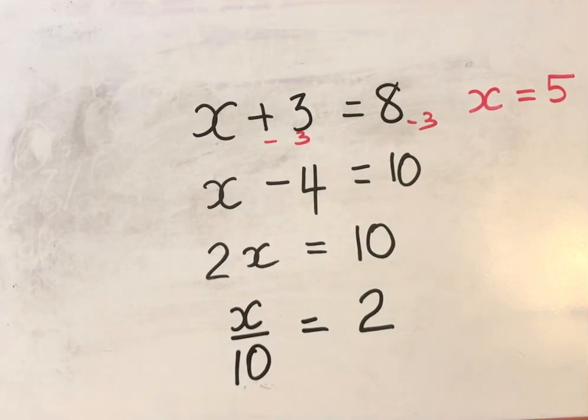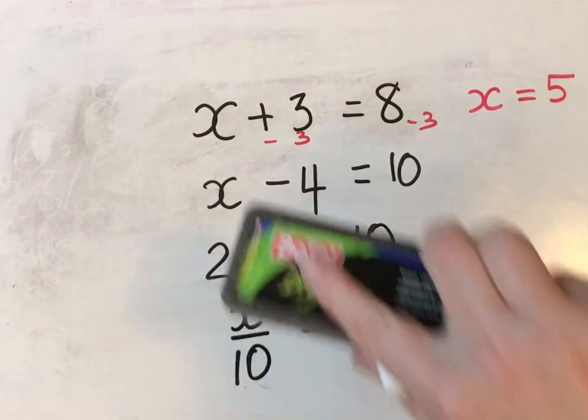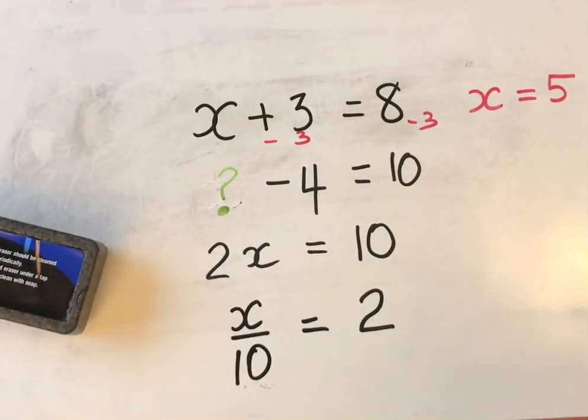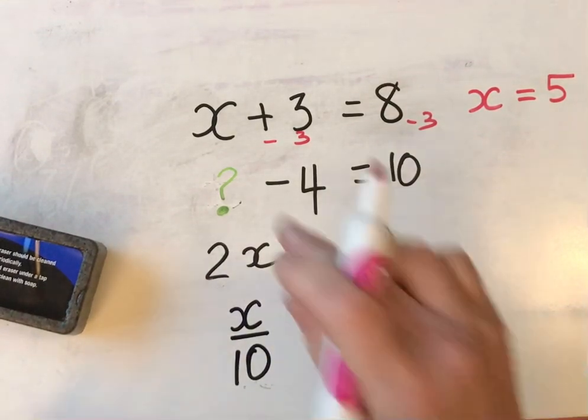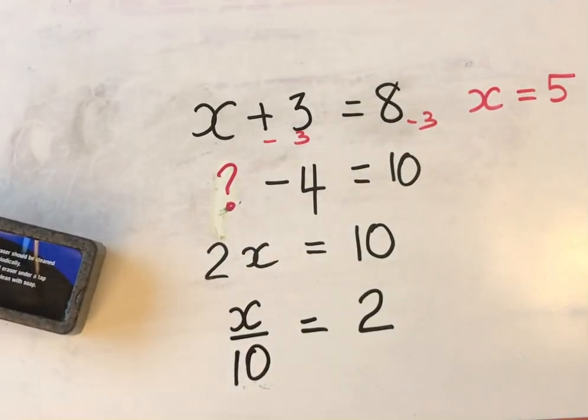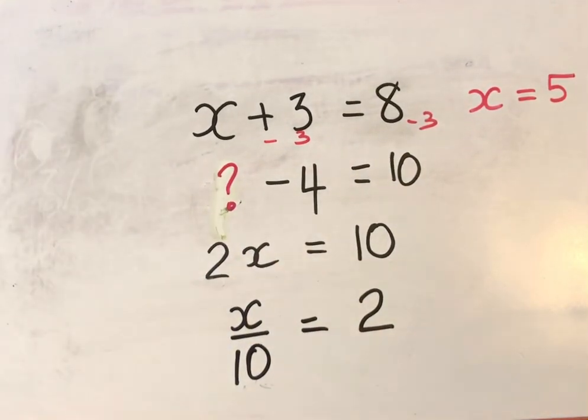Let's look at the second one, and this one, if you thought of the x as a question mark, question mark, take away 4 equals 10.